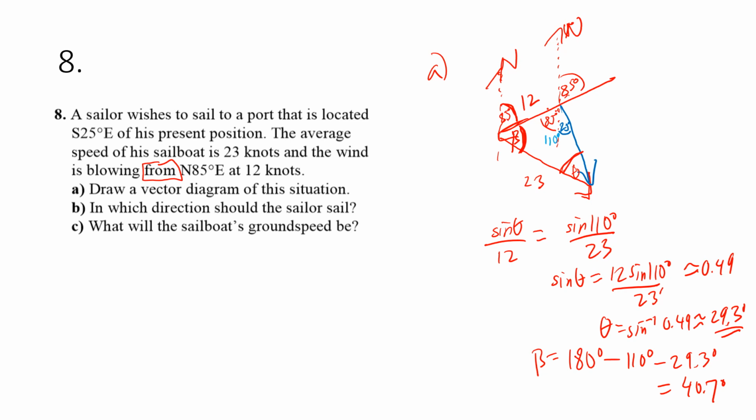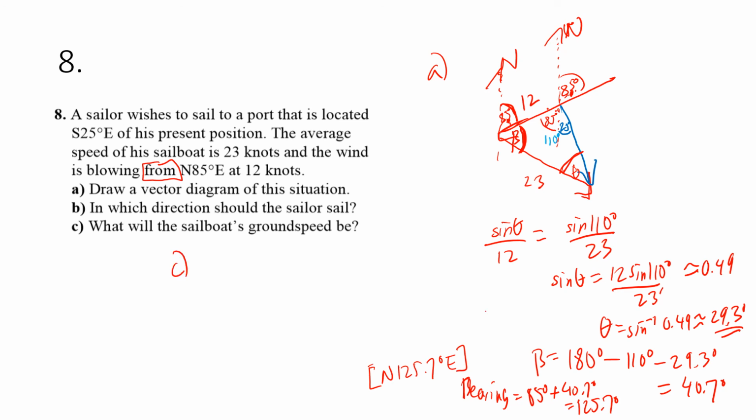Because we have corresponding angles here and here. So the bearing is 85 degrees plus 40.7 degrees, which is 125.7 degrees. Or if you want to be more exact, north 125.7 degrees east. Okay.